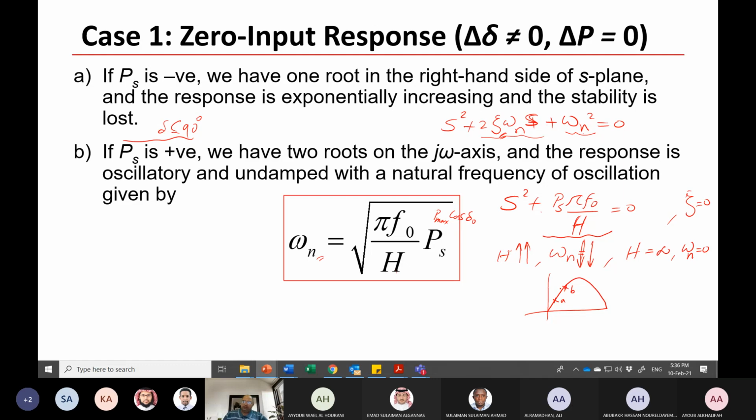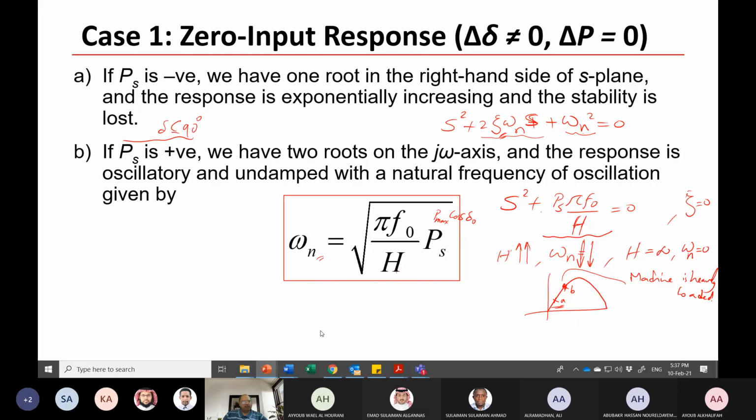Why? Yes. And the machine is heavily loaded here. The machine here is heavily loaded. Here the machine is lightly loaded. So the oscillation will be higher, the machine is light.